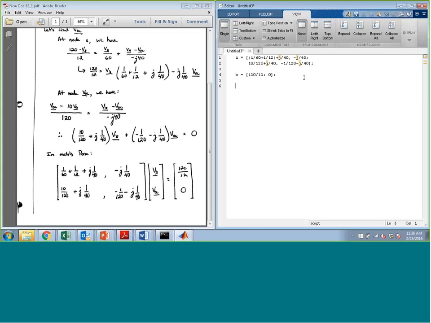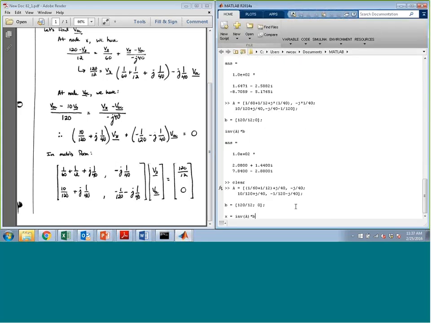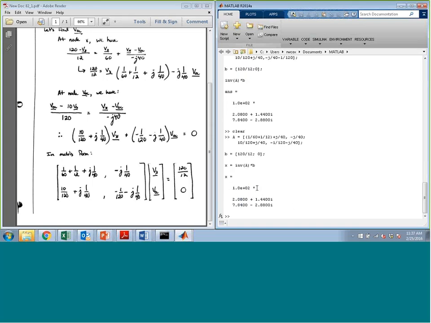Now to solve for Vx and VOC, I'm going to say x equals the inverse of A times B. The inverse of this matrix times B is how I solve for this. Now I'm going to copy and paste this into Matlab. I just paste it in, and I get my answers.